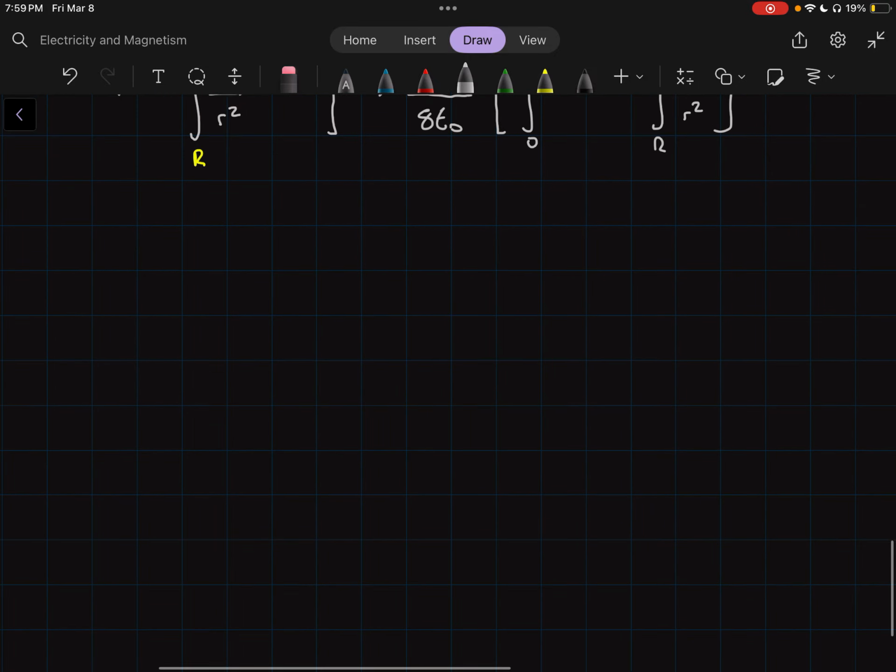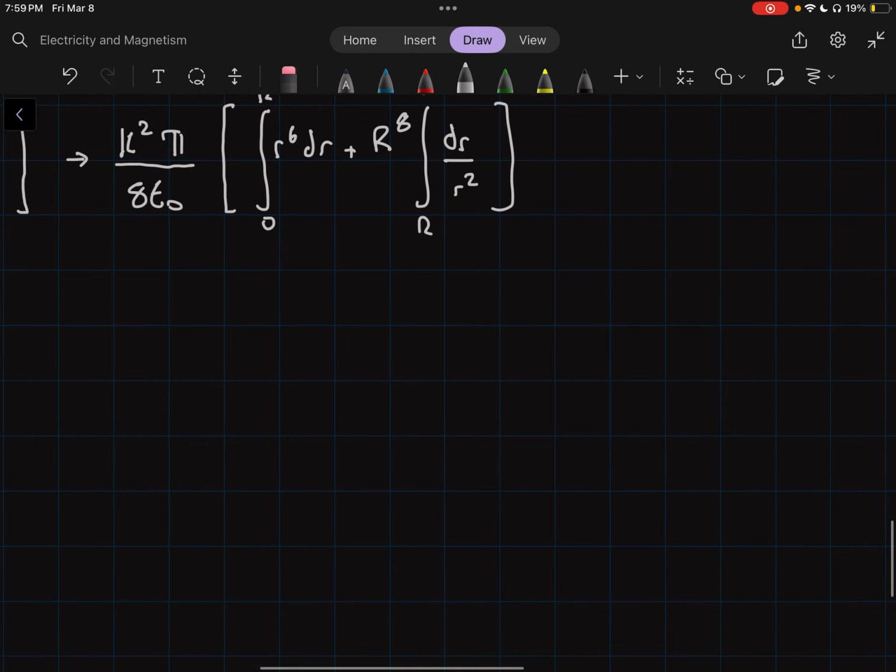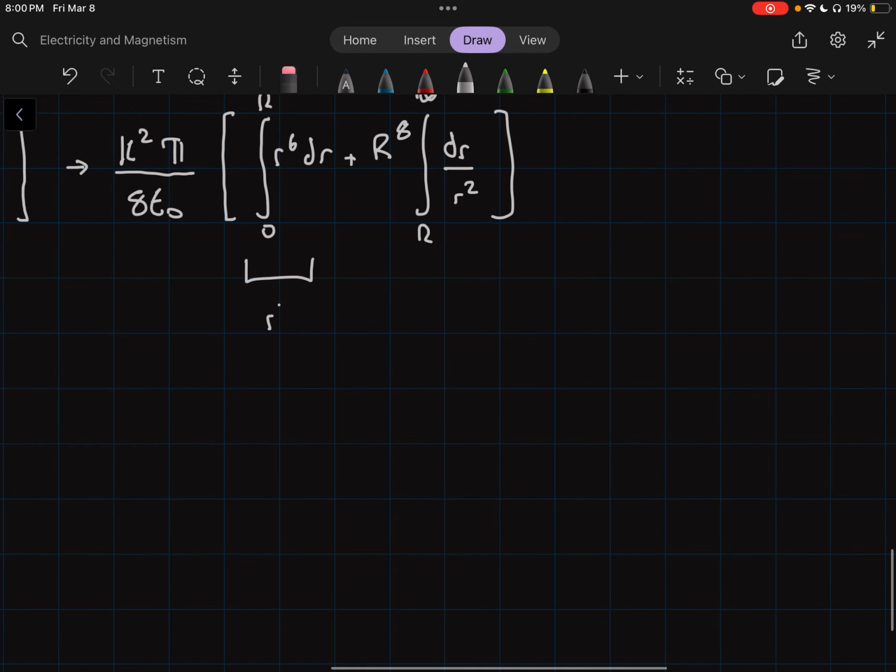Okay, now to evaluate these integrals. This one right here, the r to the 6th, we know is going to be r to the 7th over 7 from 0 to big R, which is going to give us big R to the 7th over 7.